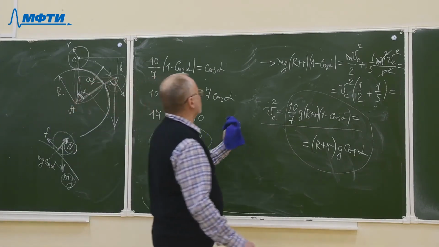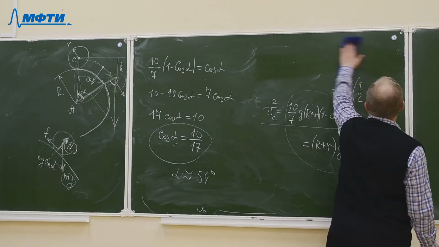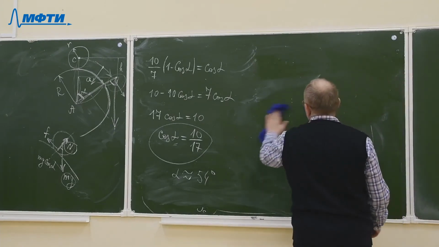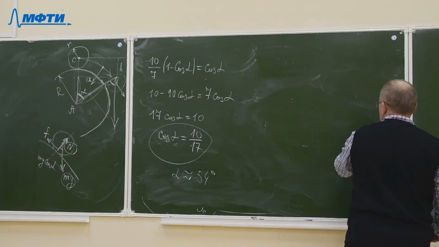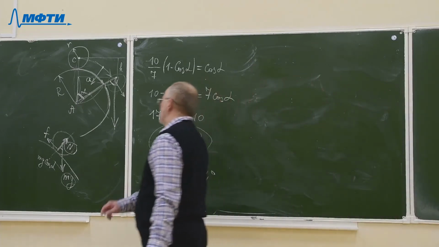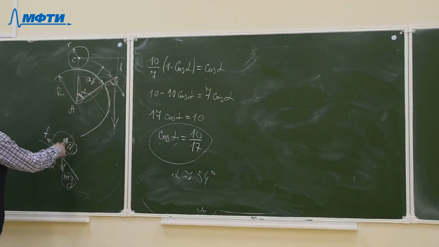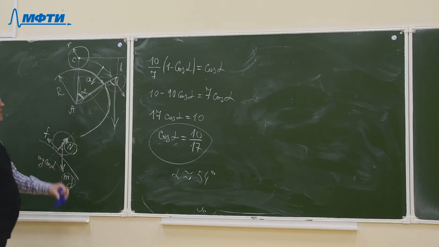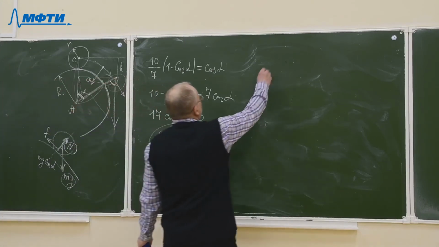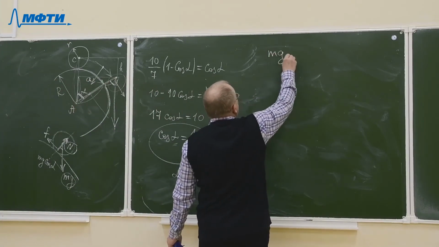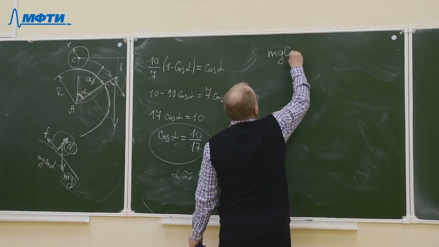There is one subtle thing about this problem which I wanted to mention. Let's look into the equation of motion of the center of mass, the equation of forces. I will write it again. It must be in your notebooks.